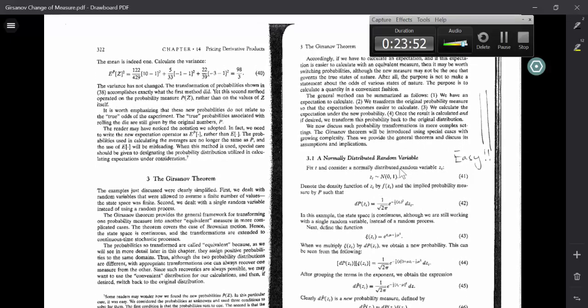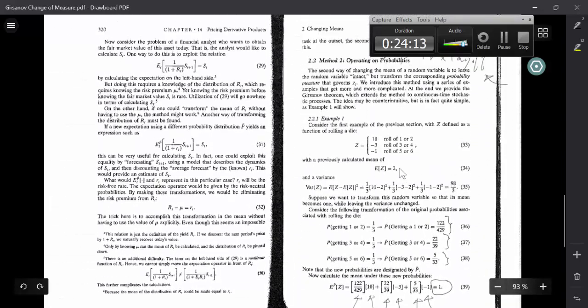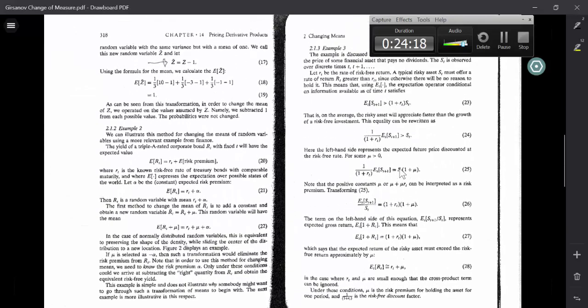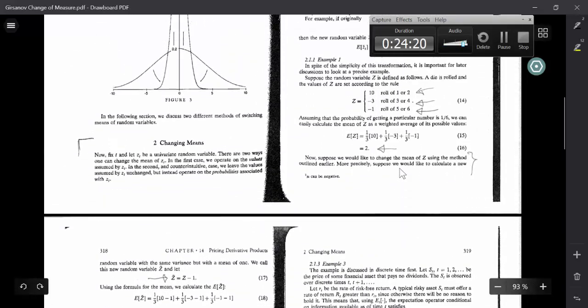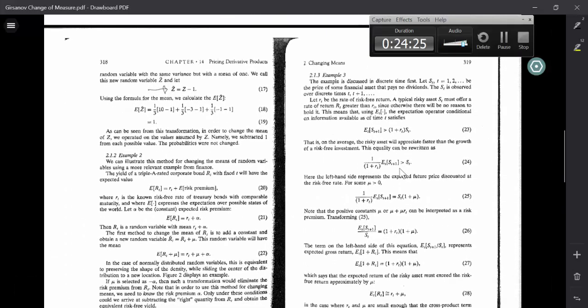And if you go further and calculate the variance of this new measure with these rather weird looking probabilities, these are transformed or pseudo probabilities, the whole point is the variance actually hasn't changed. It's 98 over 3. And I think they calculated that earlier in the text, somewhere else, that the original variance is 98 over 3.